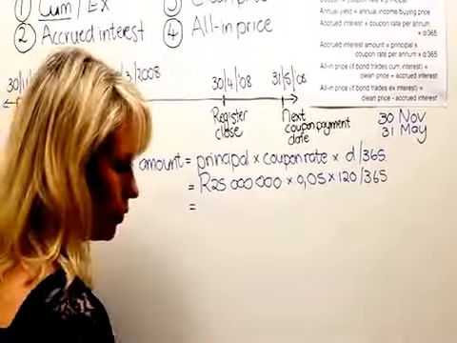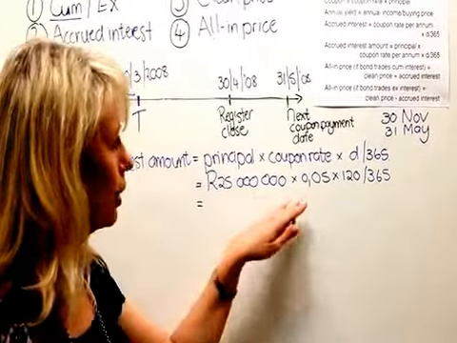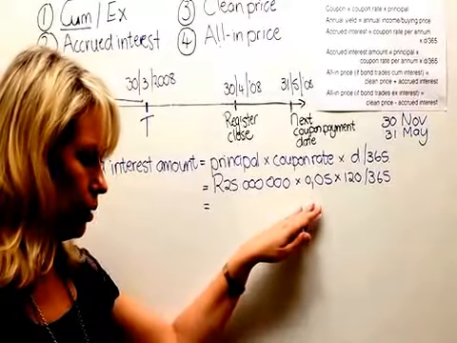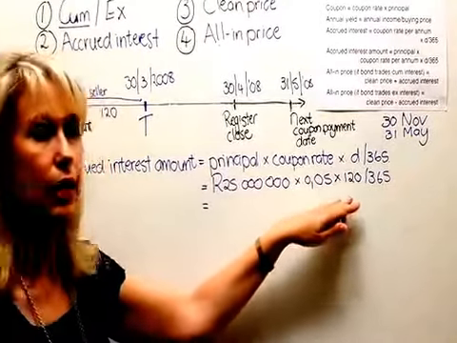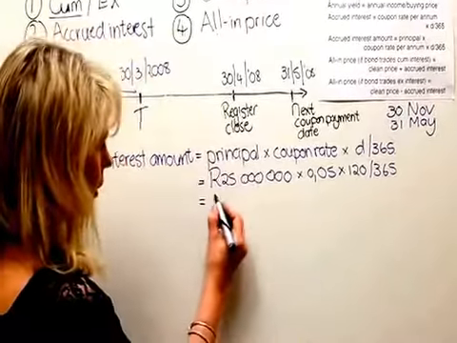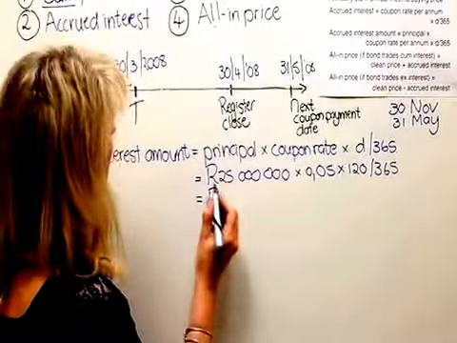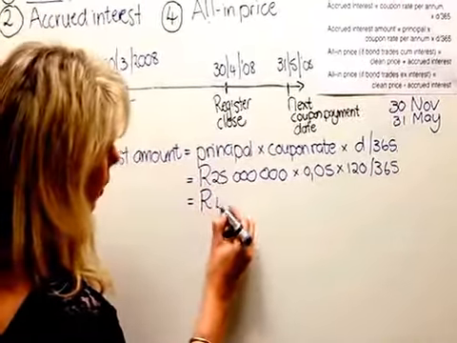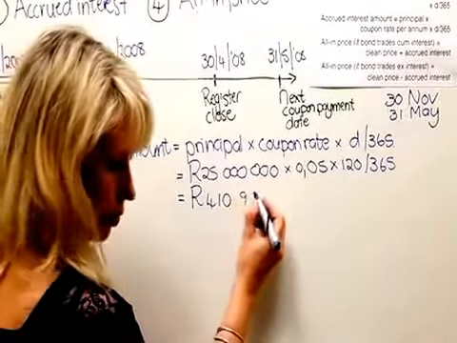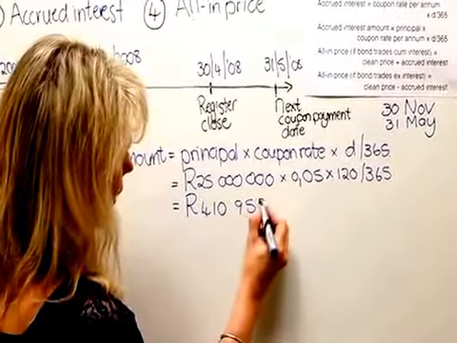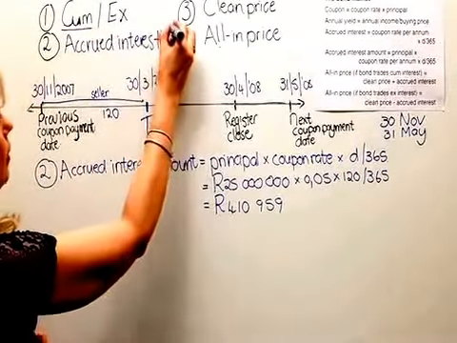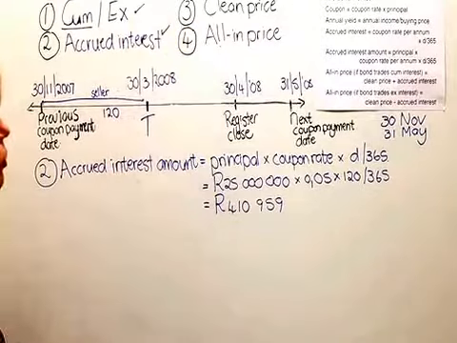You have to use a calculator to calculate that, 25 million times 0.05 times 120 divided by 365, and that is going to give you accrued interest for this period of 410,959 Rand.